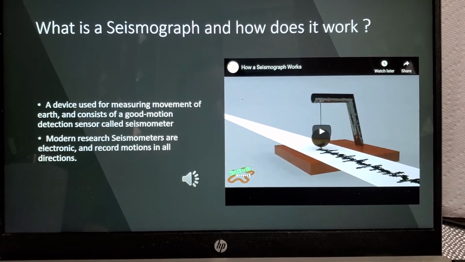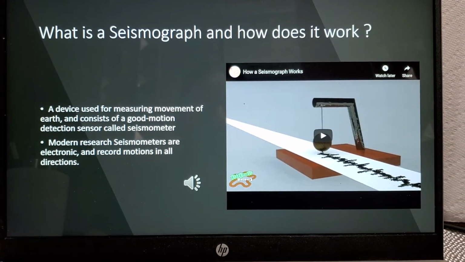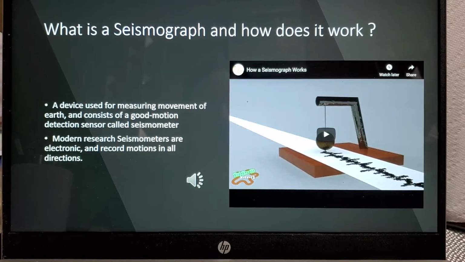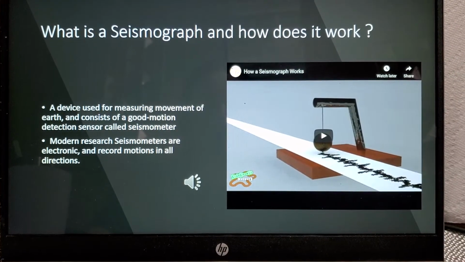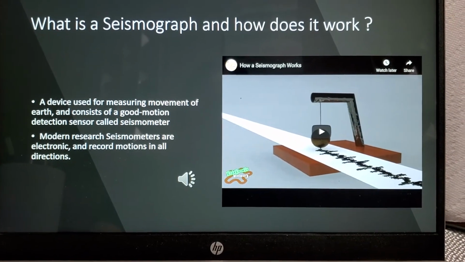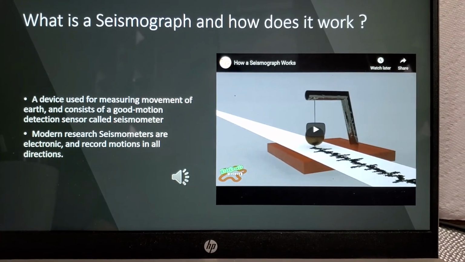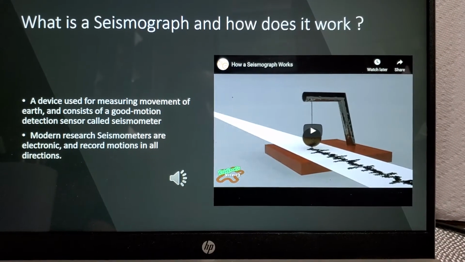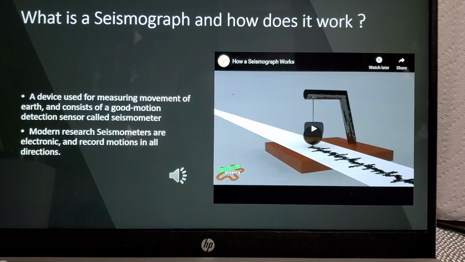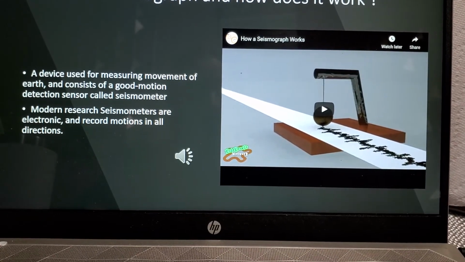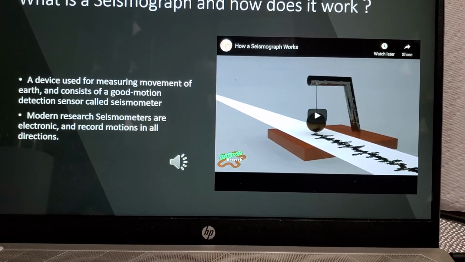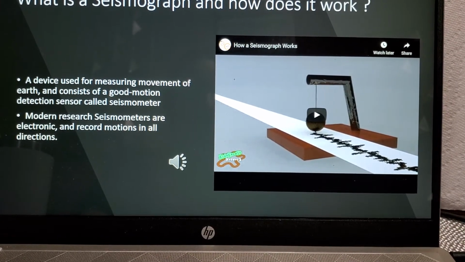What is a seismograph and how does it work? A seismograph is a device used for measuring movement of Earth and consists of a ground motion detection sensor called a seismometer. Modern research seismometers are electronic and record motions in all directions. Seismic waves lose much of their energy in traveling over great distances, but sensitive detectors can record these waves emitted even in the smallest earthquakes.